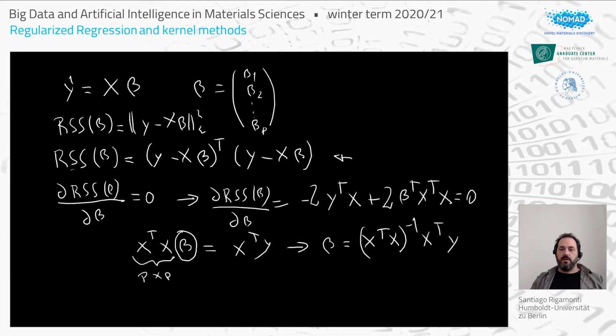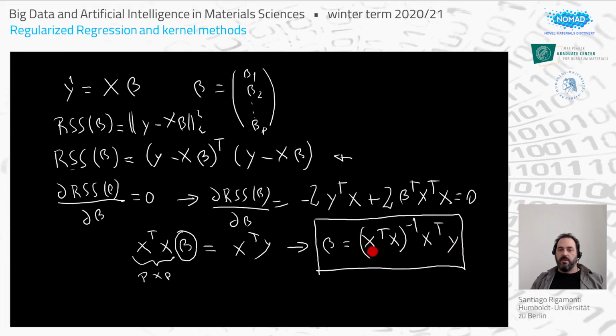So let me note a few important things about this solution. This may look a bit complicated. You see here the y is a column vector, the vector of outputs. This is data that we get from our training data.